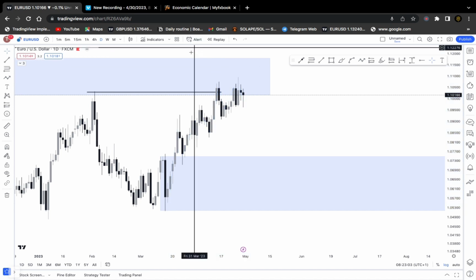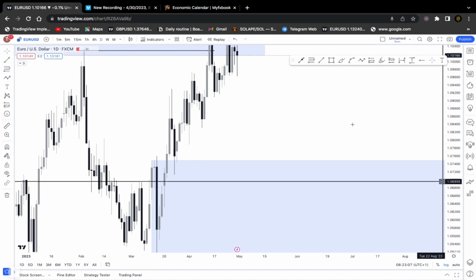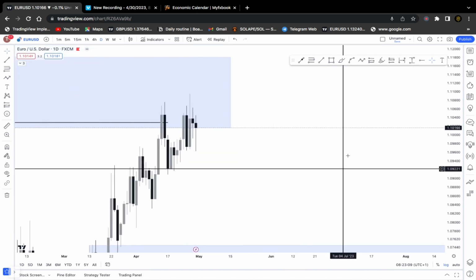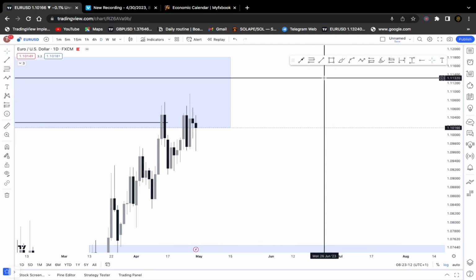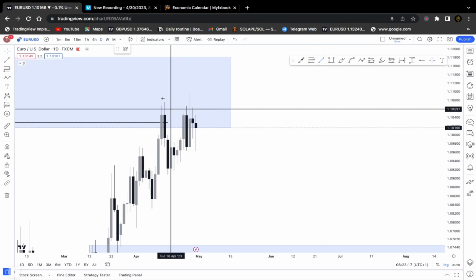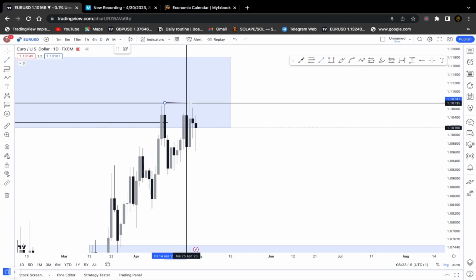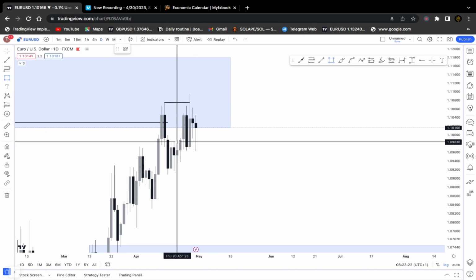So that's what we are seeing on the EURUSD on the daily time frame. We are still in a strong bullish trend. But the market took out this high and we have our demand zone created at this level there.